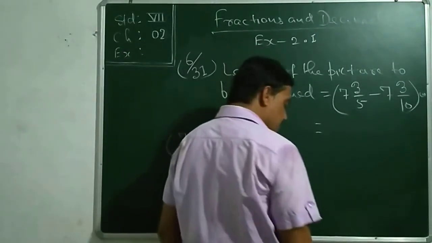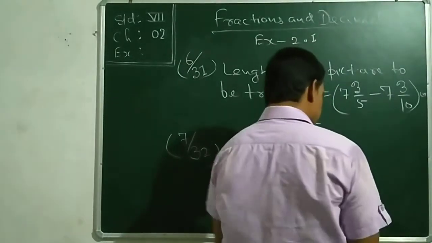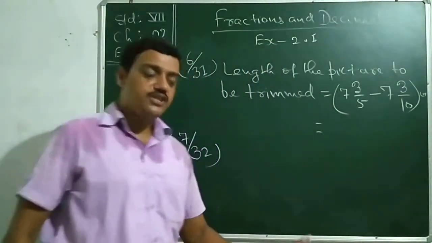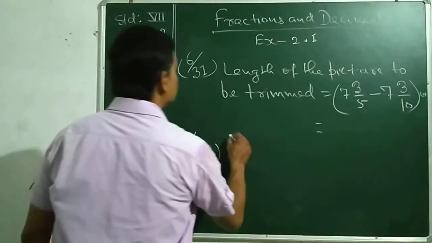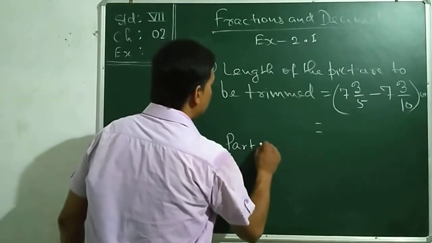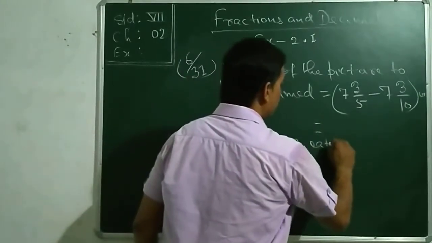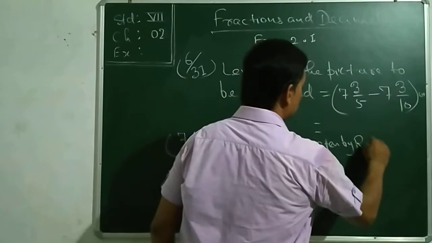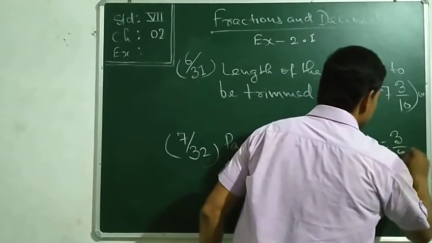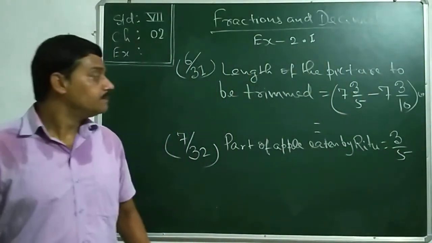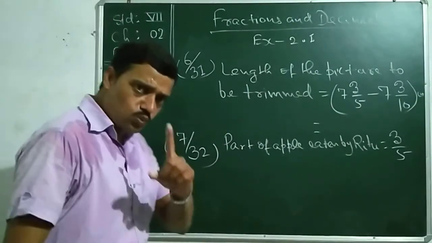In the 7 number sum, Ritu had eaten some part of the apple and the remaining part was eaten by her brother, that is Somu. Part of apple eaten by Ritu equal to 3 by 5, and we know that the whole apple will be considered as one only.